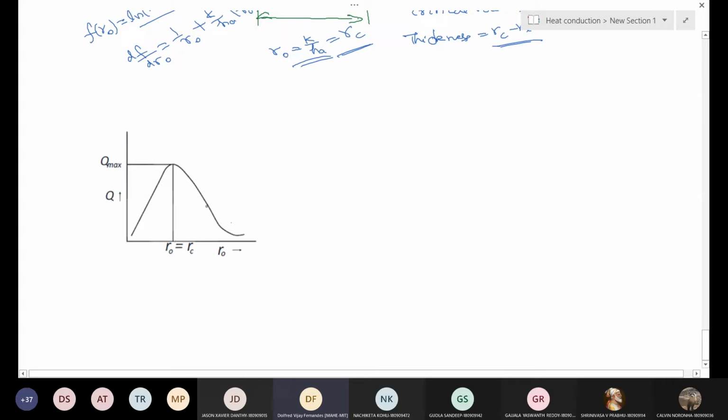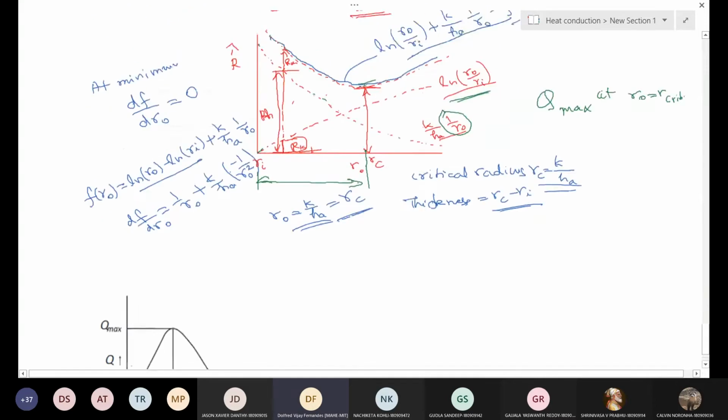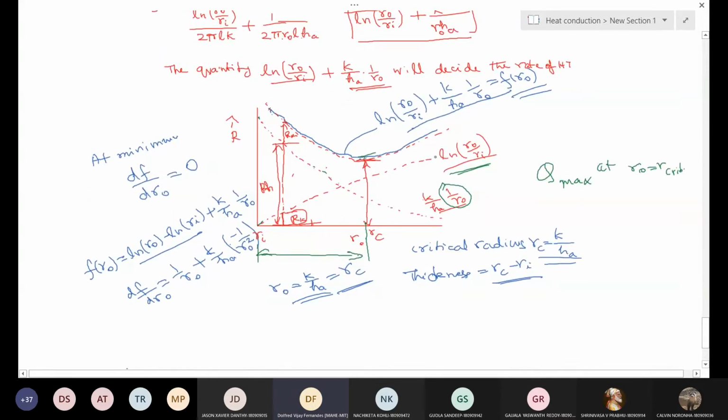Then again it will decrease, and that is because the conduction resistance is significantly more at larger radius.